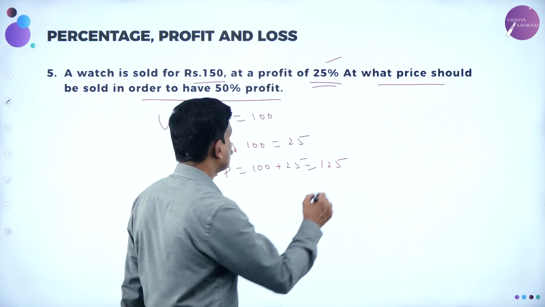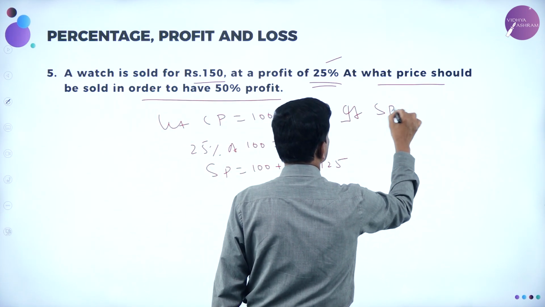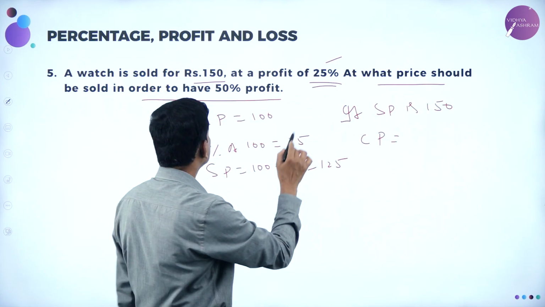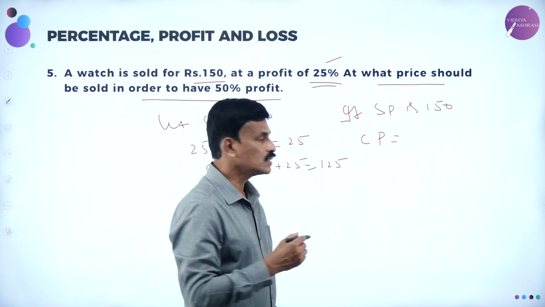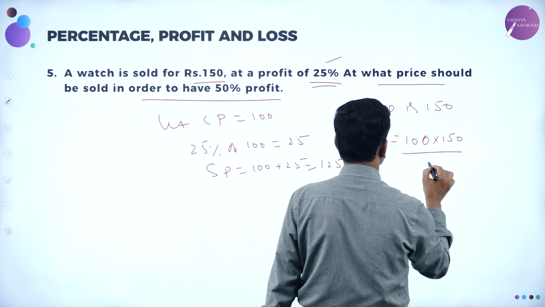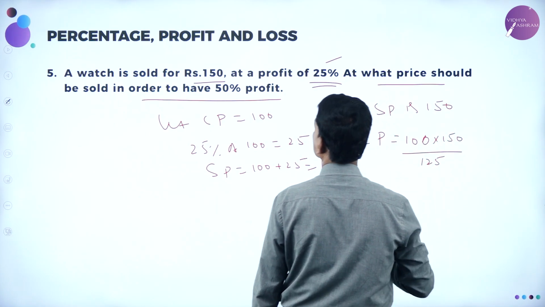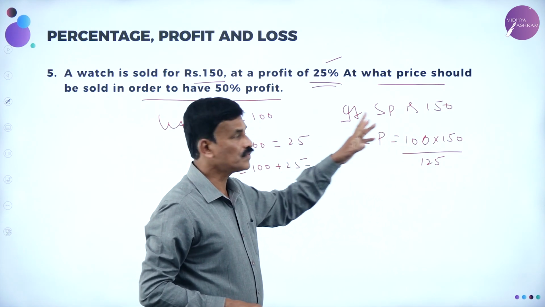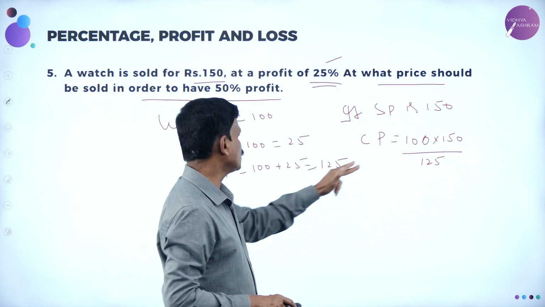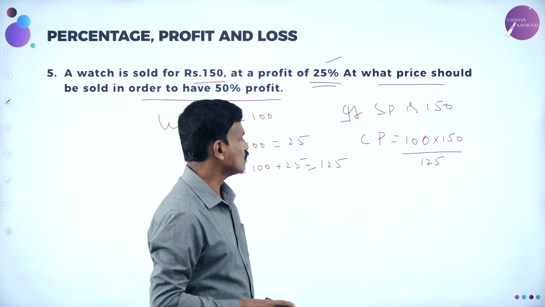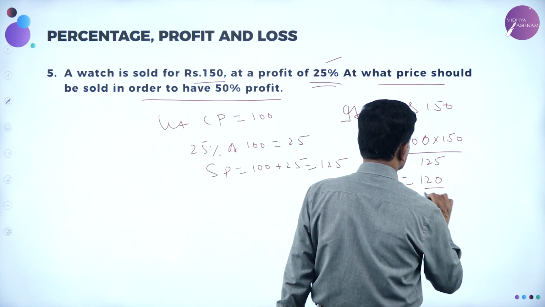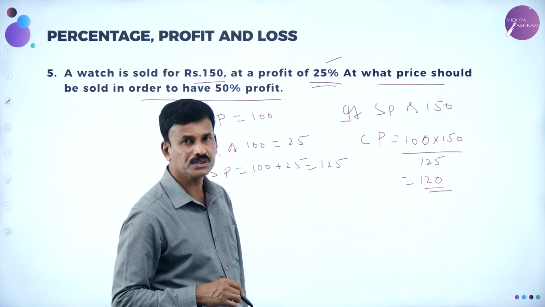If the selling price SP is 150, then the cost price is equal to 100 into 150 divided by 125. See here, if SP is equal to 150, then CP is equal to 100 into 150 divided by 125. What is this equal to? This is equal to 120. CP is equal to 120, right?